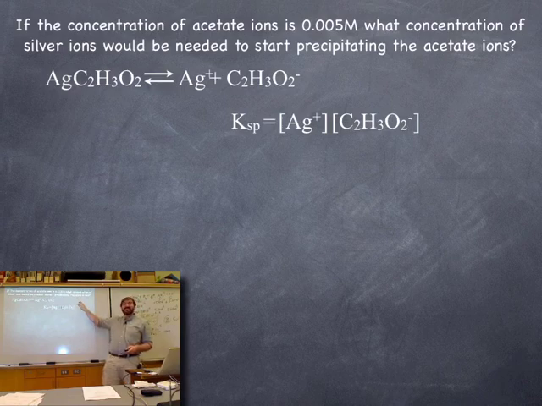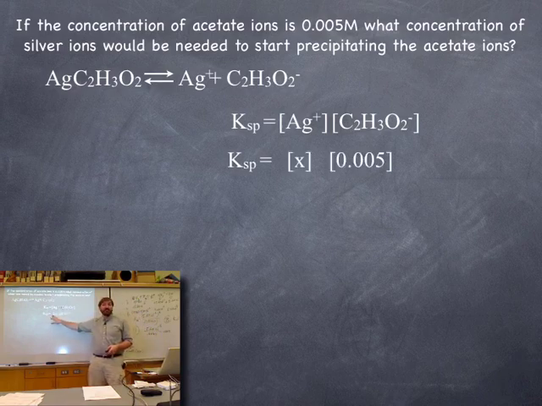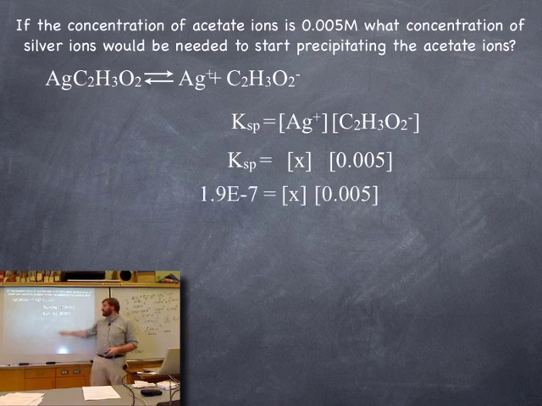What they're asking you here is, if this value is 0.005 and we know what the KSP is, what does the silver ion concentration have to be to just hit the equilibrium? So we want the KSP equal to X times 0.005, and we know the KSP value, 1.9 times 10 to the negative 7. Where did I get that?